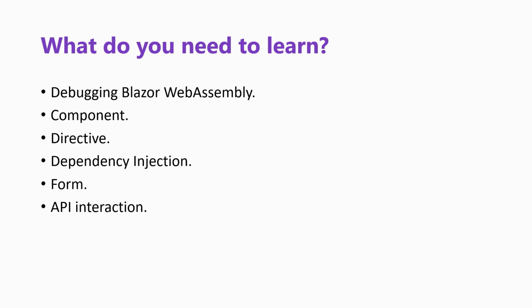I believe that most websites at least need one form to collect information, otherwise the website will be useless. And the final thing, and also the most important thing, is how to interact with the API.